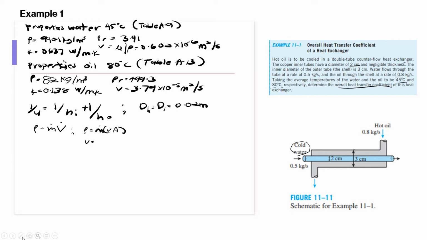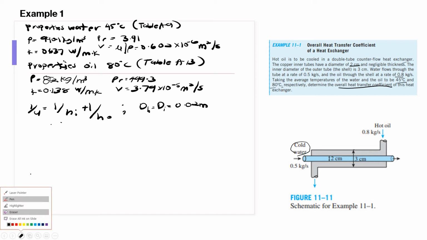Sorry, my mistake. M is equal to rho V, where rho is in kg per meter cube. Yes, correct, this one.